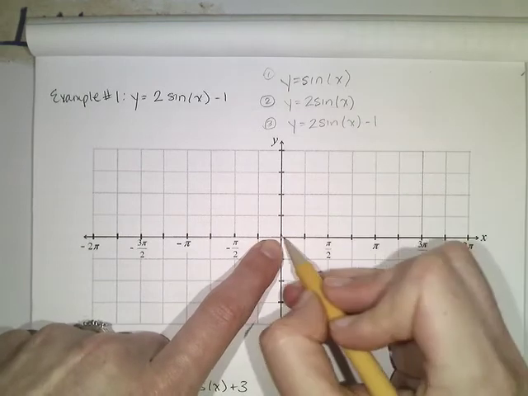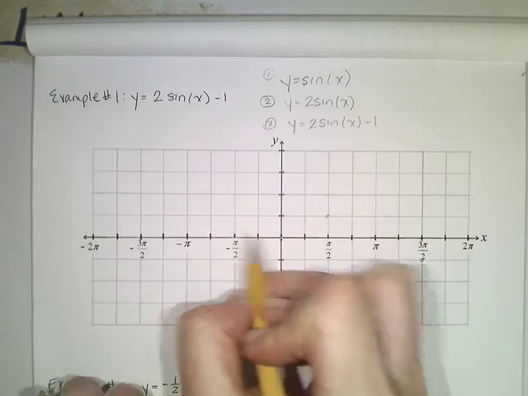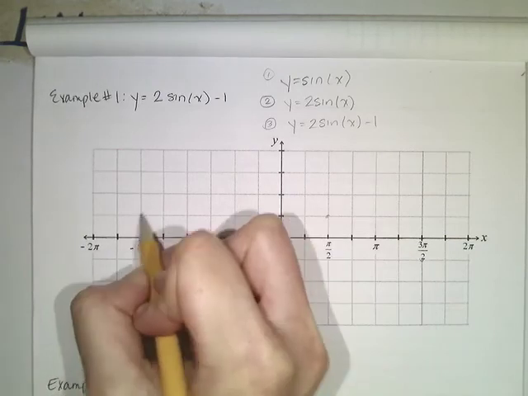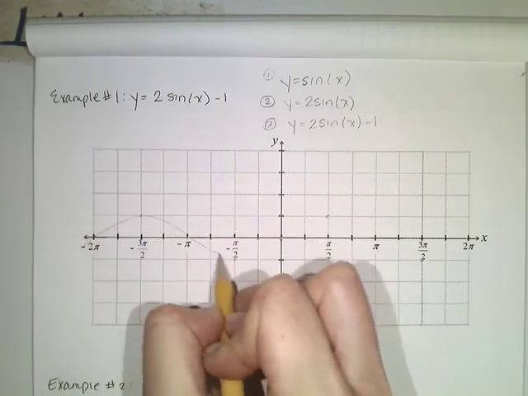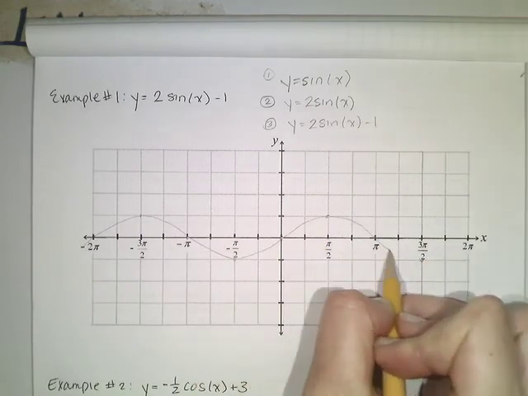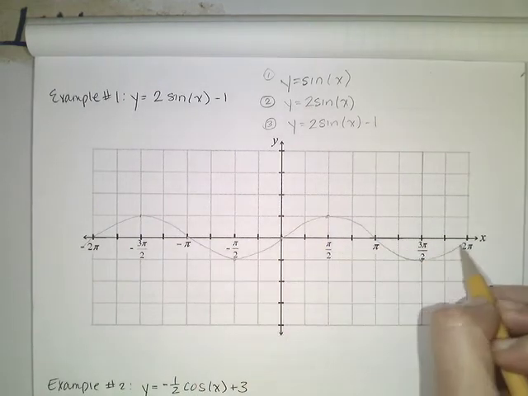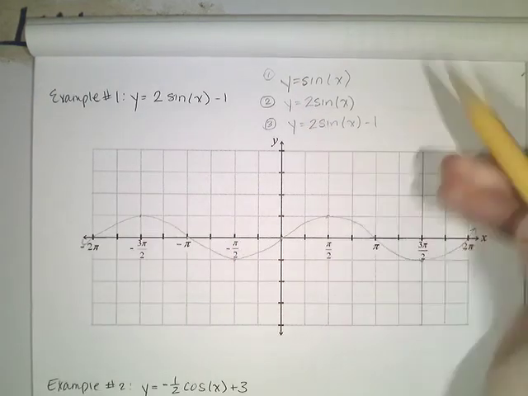My first graph, 0, 1, 0, -1, 0, -1, 0, 1, 0. Nice sketch of the graph. Okay, and then what happens when you have an amplitude?